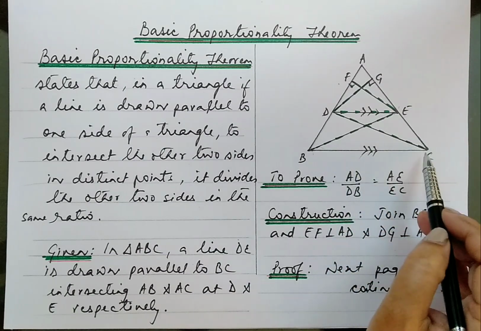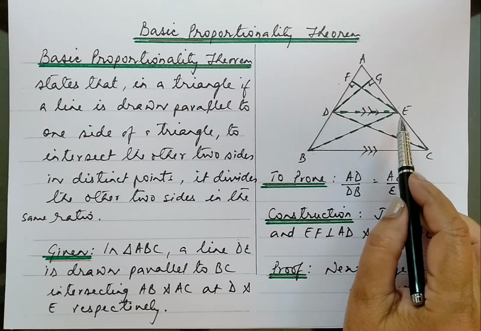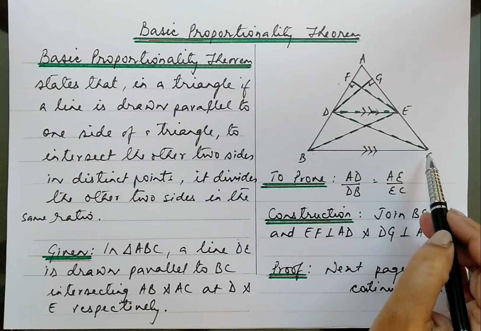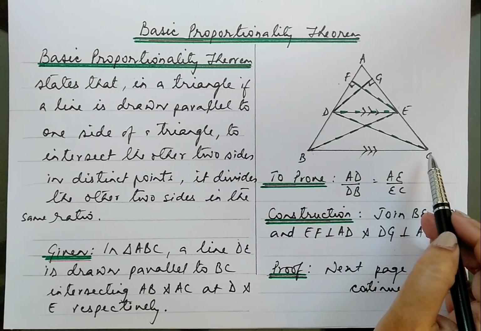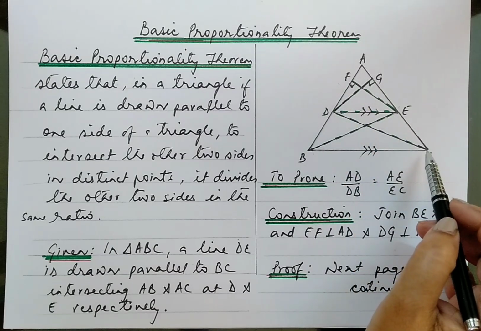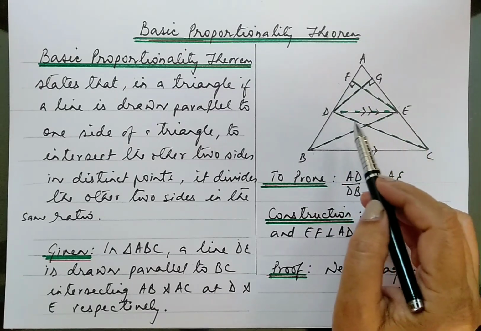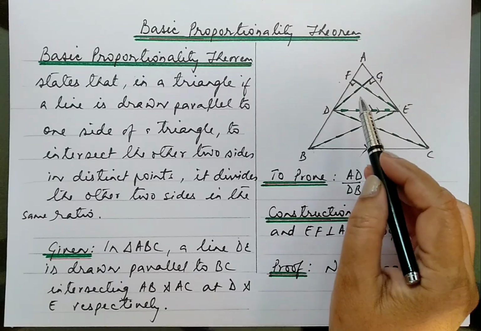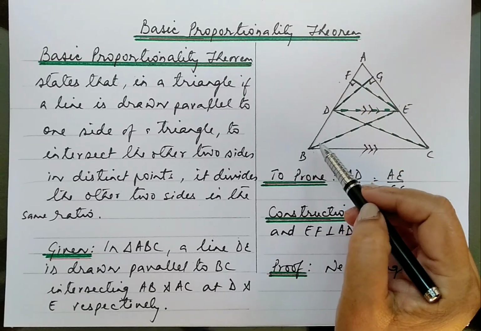Now this side is the third side, and DE is made parallel to this third side, which means what? That the two other sides will be cut, interestingly, into two same ratios.